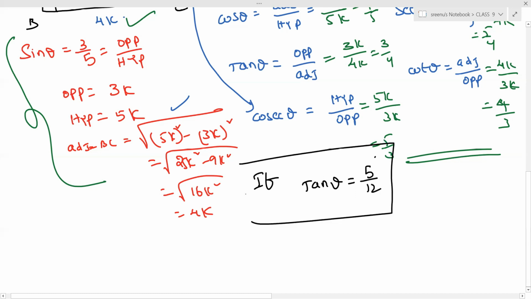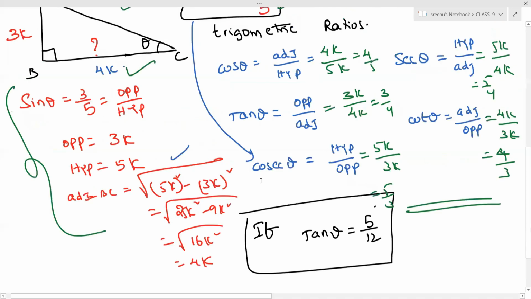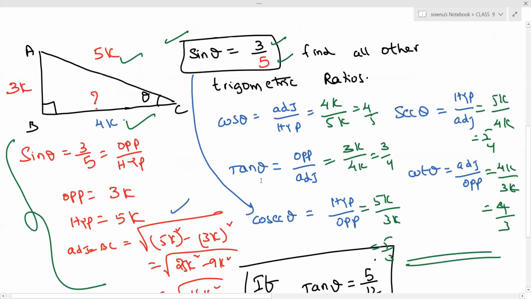This is the question. Tan theta is given, so use the tan theta formula, draw the right angle triangle and find the third side. Then you find all other ratios. Same like this one you should do.